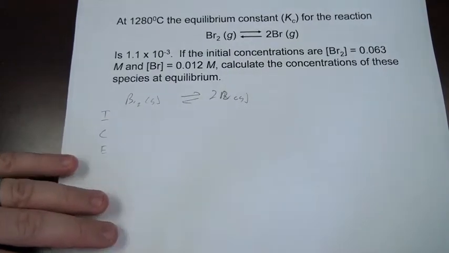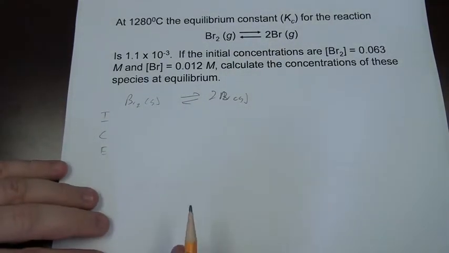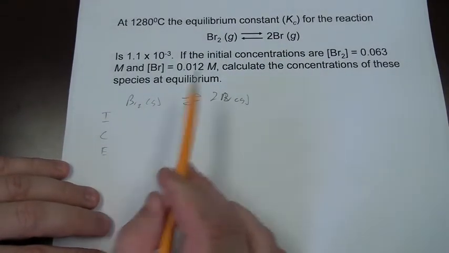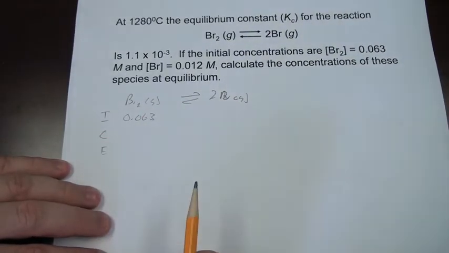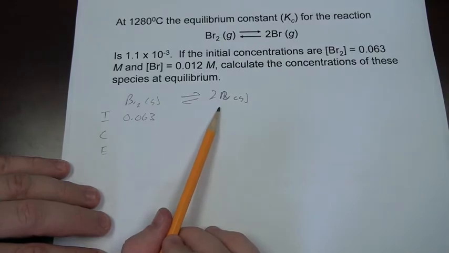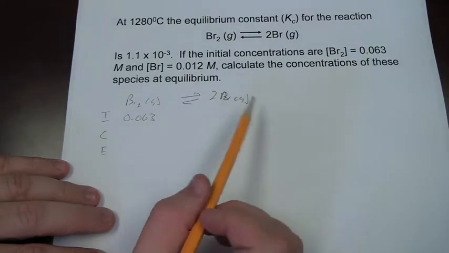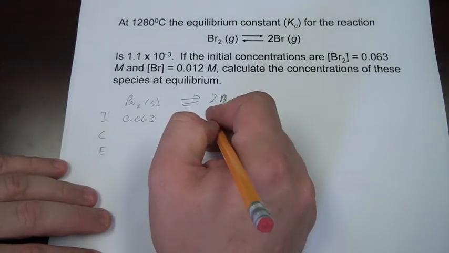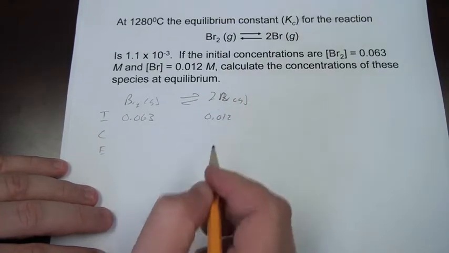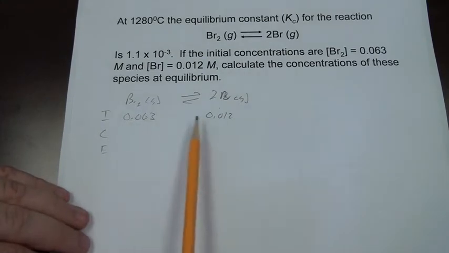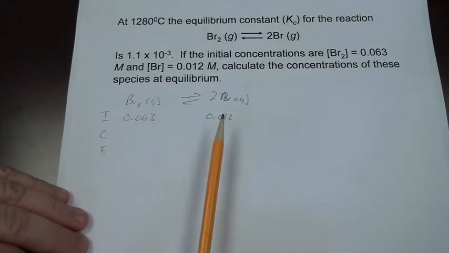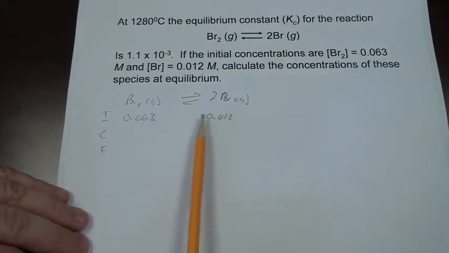So our initial concentration of each of these species: the initial concentration of Br2 is 0.063 molar. The initial concentration of Br is 0.012 molar. Unlike the last example, where we only had one of these and it was clear which direction we were going to shift, now we have concentrations of both.